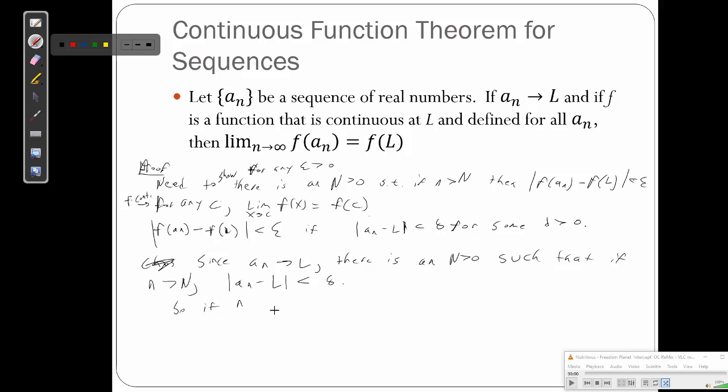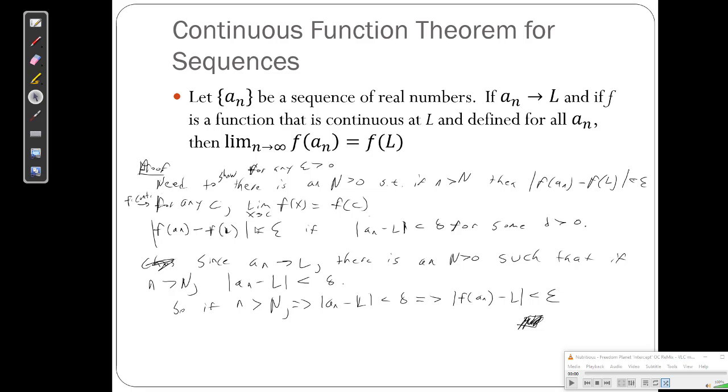So if n is greater than N, a sub n minus L is less than delta, which implies f of a sub n minus L is less than epsilon, and we've proved our statement.